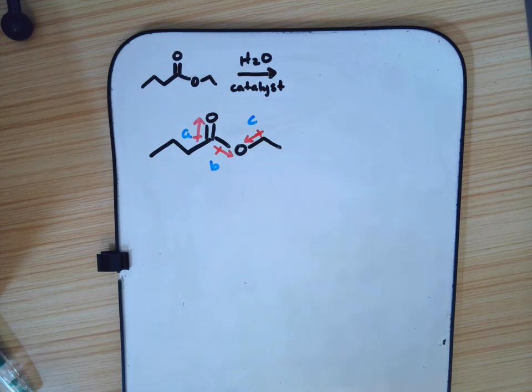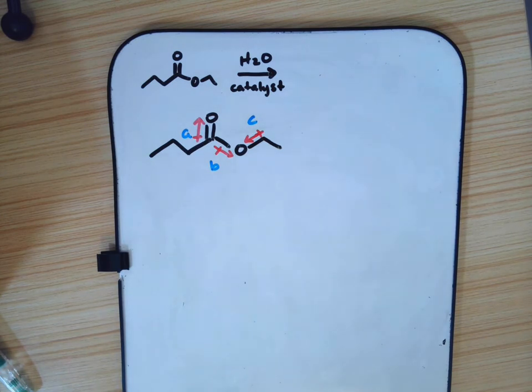Because the double bond is going to be stronger, it requires much more energy to be broken. The energy needed to break the double bond would have already broken the single bond. And so, keeping that in mind, we'll know that A is not going to be the first bond to break or the easiest bond to break. It will be B or C.